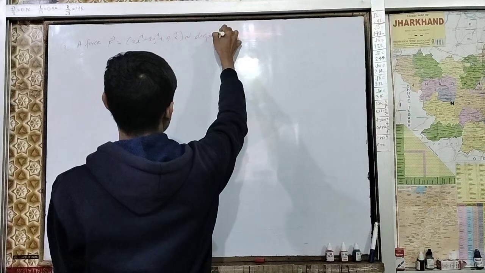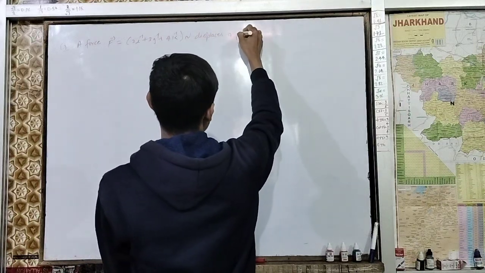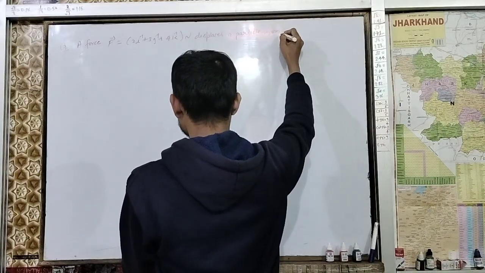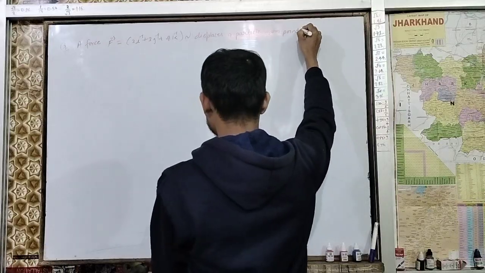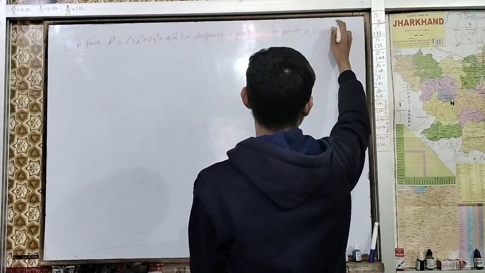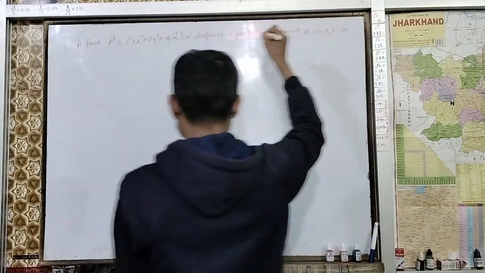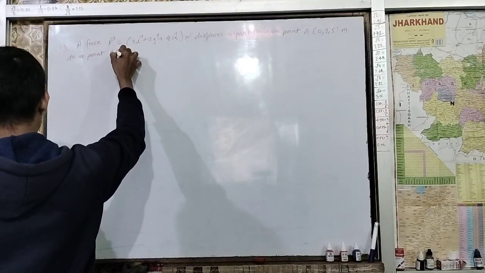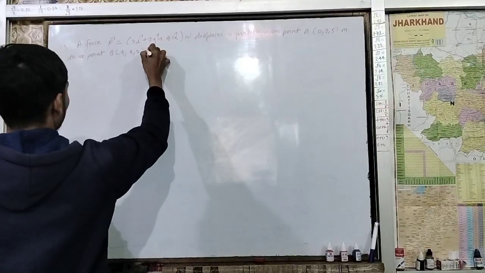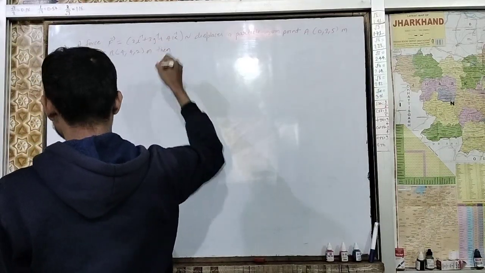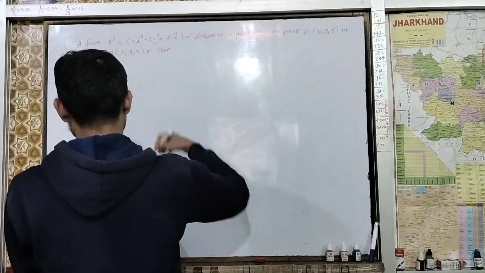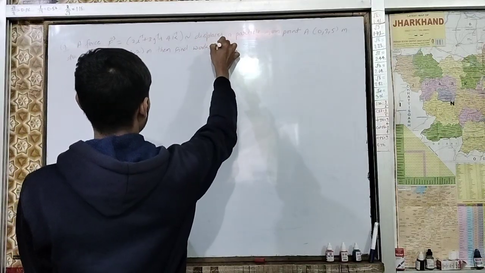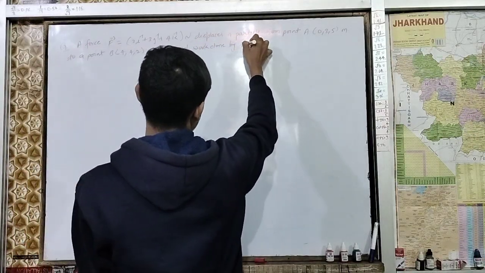It displaces a particle from point A (0, 3, 5) to a point B (4, 4, 2). Then find the work done by this force.